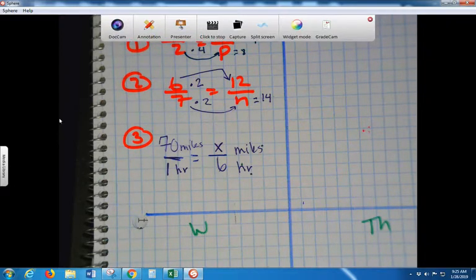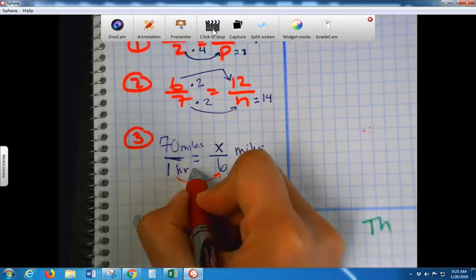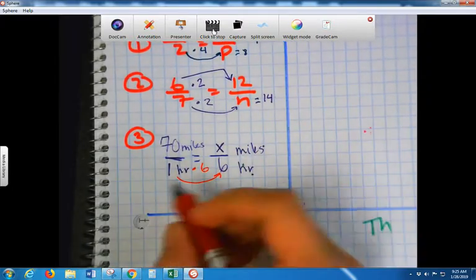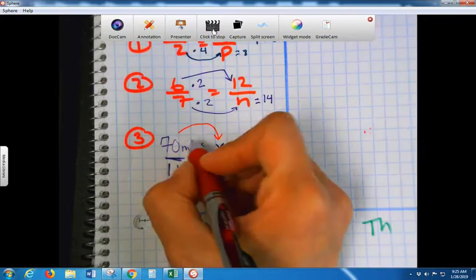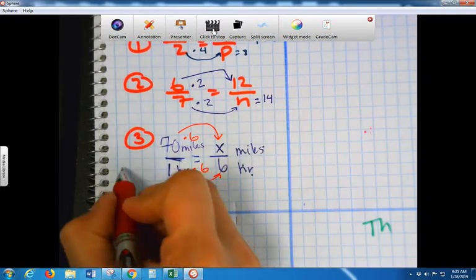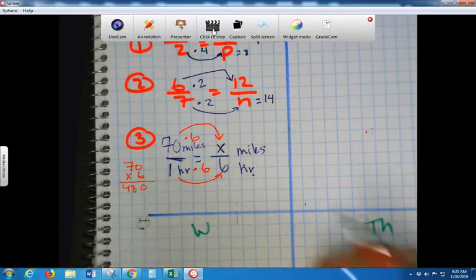You are correct. 480. So here at the bottom, I multiply by 6, right? 1 times 6 is 6. So on the top, I'm going to do the same thing and multiply by 6. Now what if I don't know what that is? I go on the side and I multiply, and I get 480.